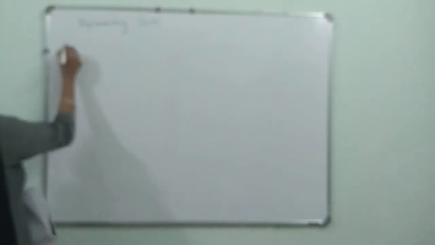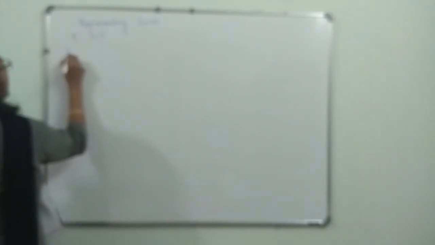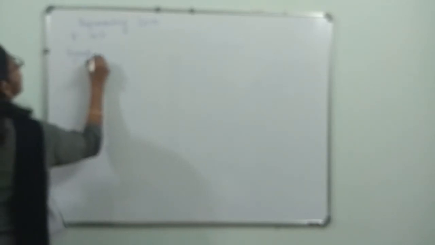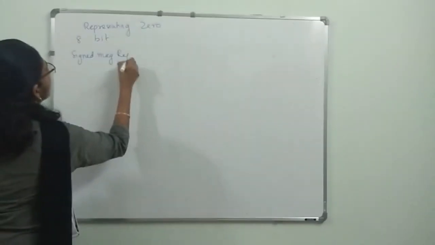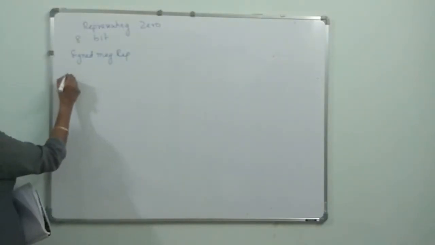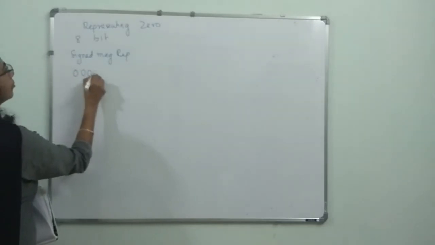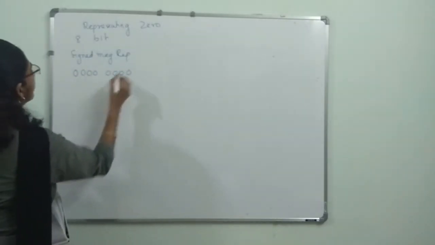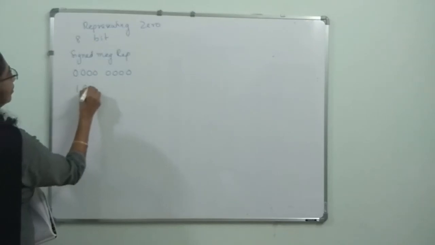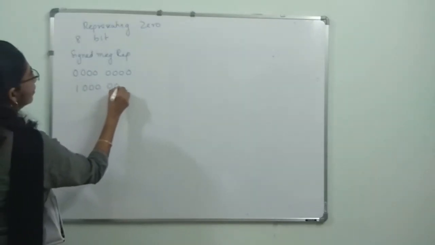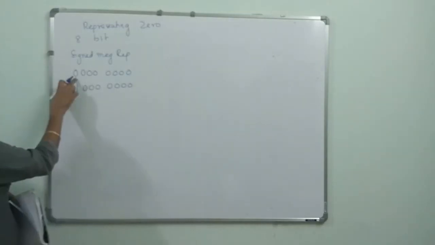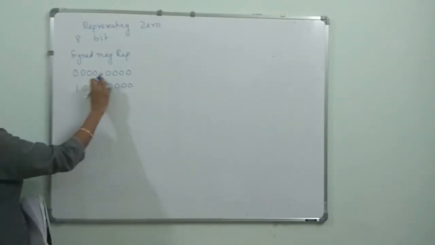If it is our sign magnitude representation, what we have to do is, let us say we are representing all of these in 8-bit only. In the signed magnitude representation, again in 8-bit. 0 means positive, all the values are 0.